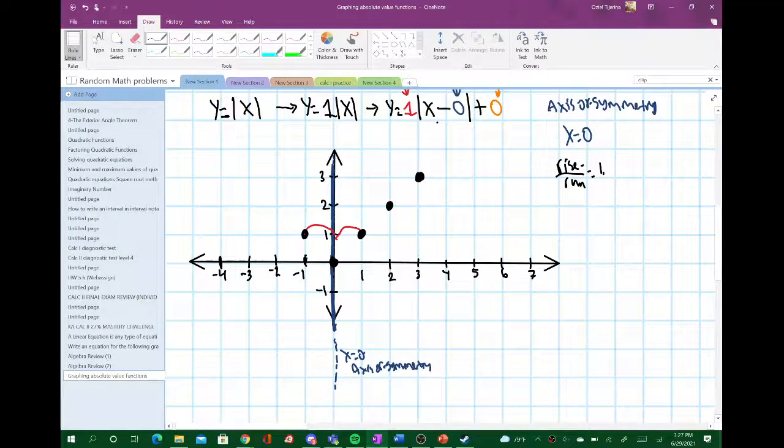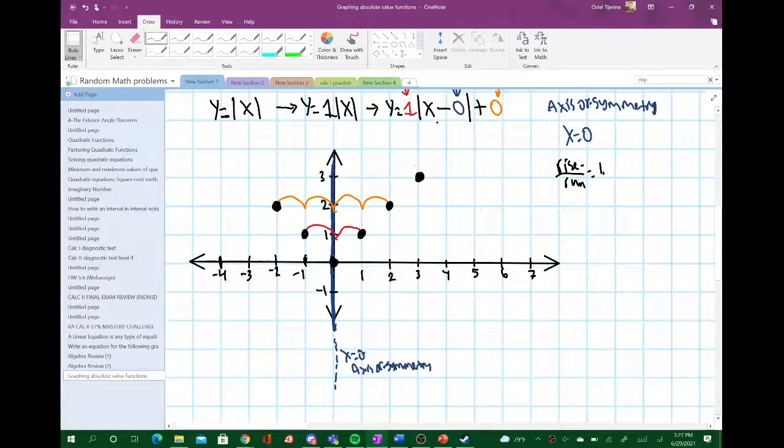And again, I'm gonna do it again for where x equals 2. I'm gonna go 1, 2, and then I'm gonna do it again, 1, 2. So I'm gonna end up right here, okay? And then I'm gonna do it again for x equals 3.